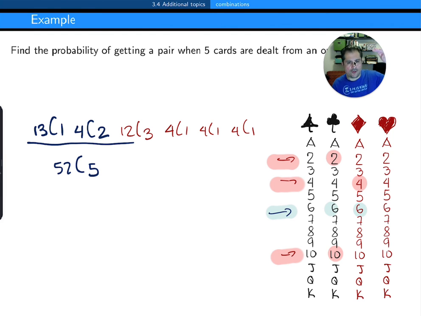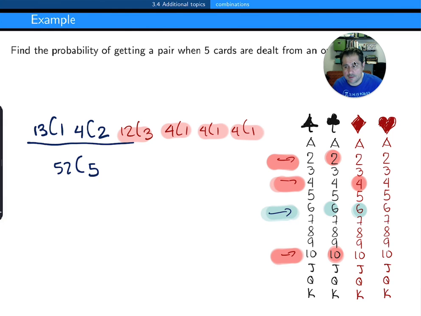So I like to write 13C1 for the denomination of the pair, 4C2 across to get the pair, then 12C3 for picking the 3 different denominations, and then a 4C1 for one of them, a 4C1 for the other, a 4C1 for the third. And that's the probability of getting 1 pair.